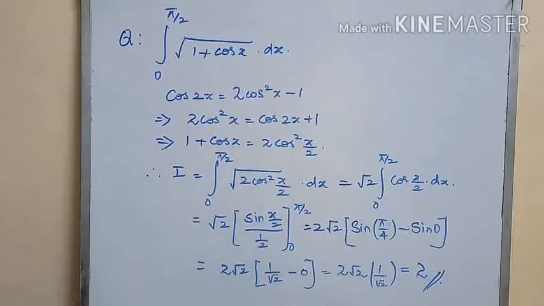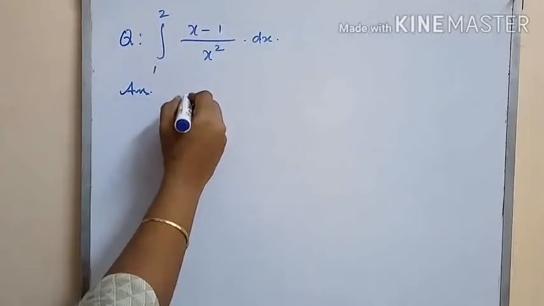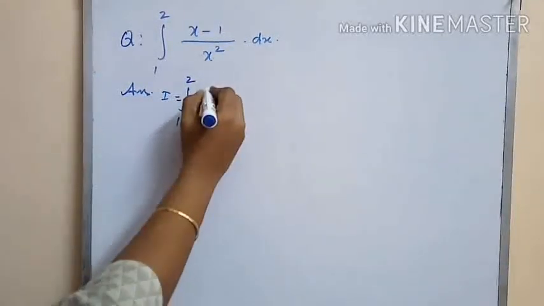Last problem for today's session is integral 1 to 2 of (x minus 1) by x squared into dx.